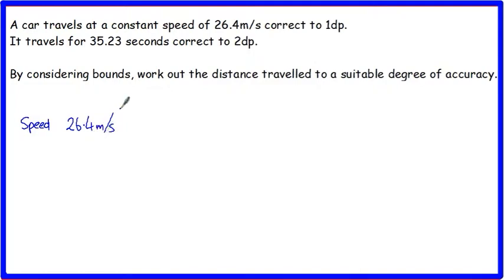Now, the upper bound for that is 26.45 meters per second. And the lower bound for that is 26.35 meters per second. And take the time for how long it travels.